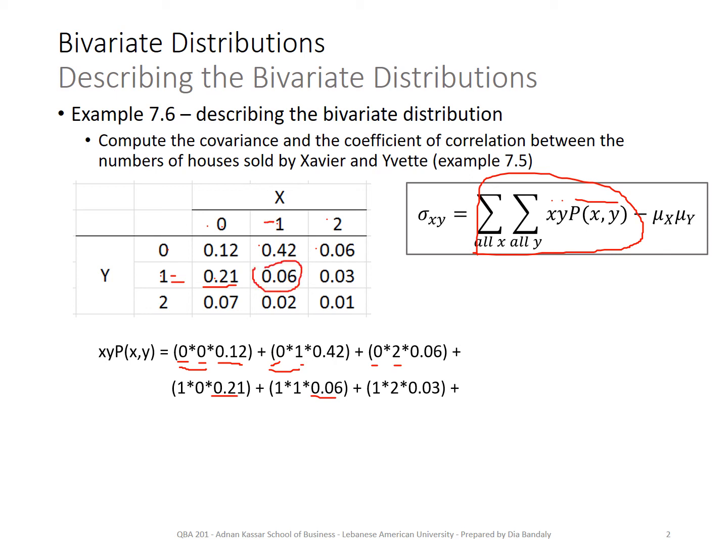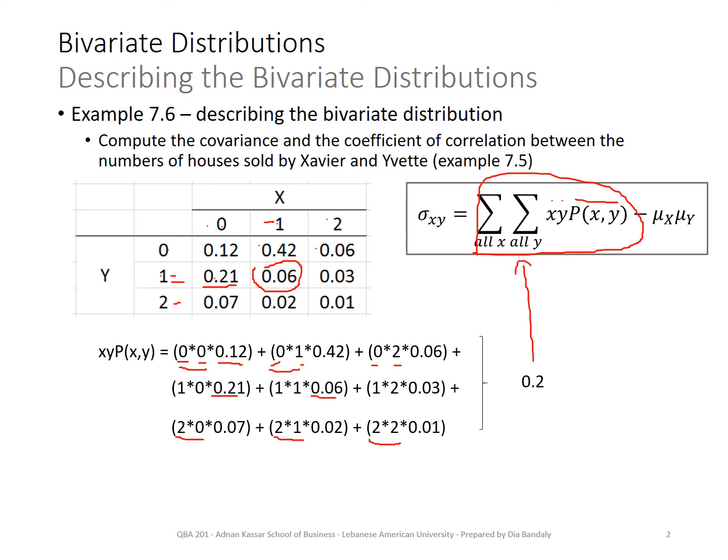Here we go, and so on. And the last row entails the value of y is 2. Again, I have three possible combinations corresponding to y is 2. When I sum up all these, I get 0.2. So this is the first part.